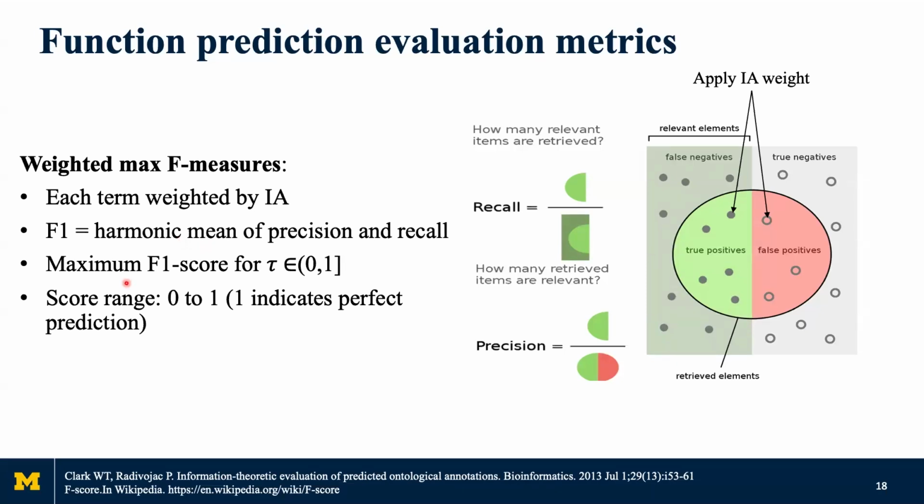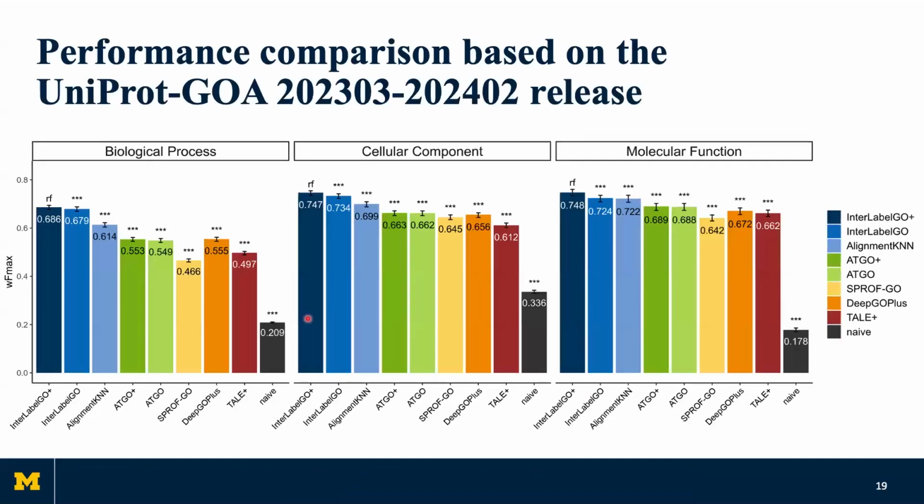Basically, instead of using a predefined threshold like 0.5, you loop through all possible thresholds with a step of maybe 0.01 from 0 to 1, and the maximum F1 score observed during that process is the final score. The F1 score ranges from 0 to 1, where 1 indicates perfect prediction.